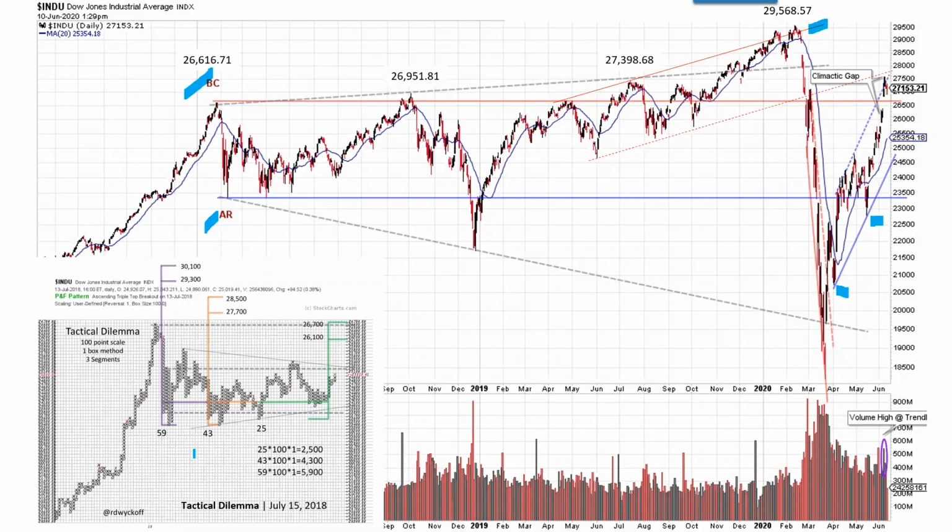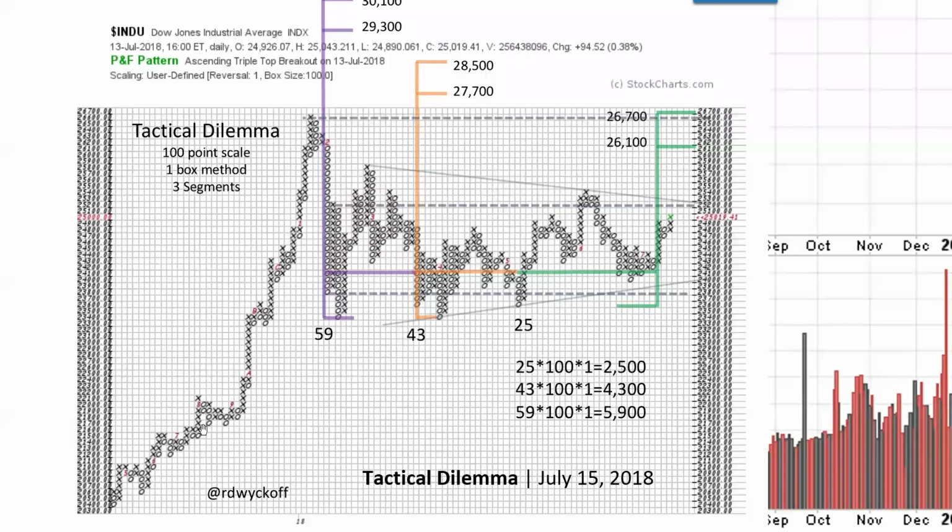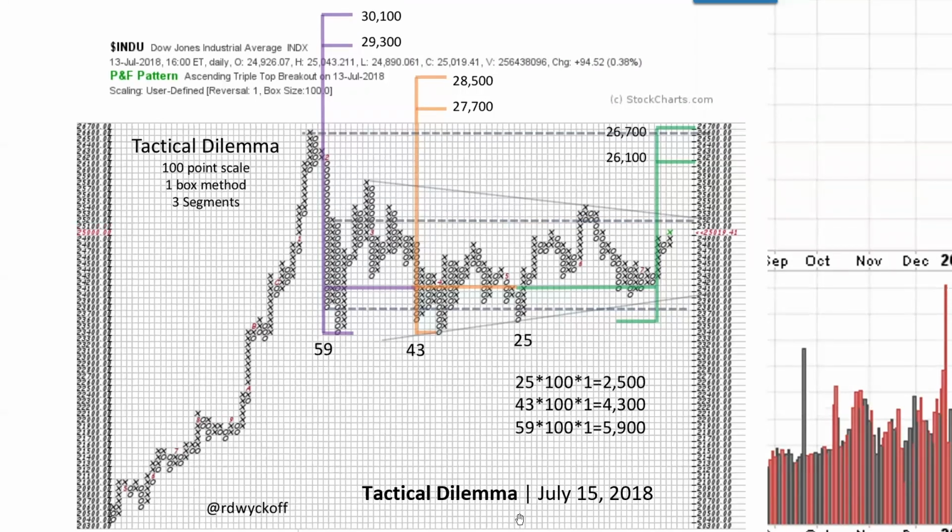Don't have a lot of time, but I want to show you this, and you can go back and look at this blog. This blog has Tactical Dilemma, July 15th of 2018. Look at this accumulation structure. Three segments are counted here. The first segment goes 26.1 to 26.7, which is the epic buying climax peak of January 2018, which we just looked at.